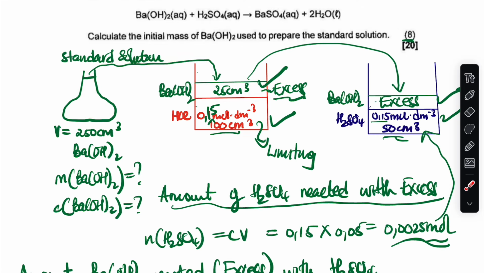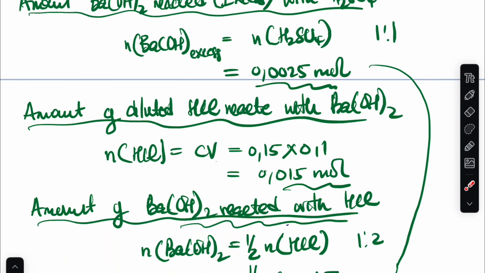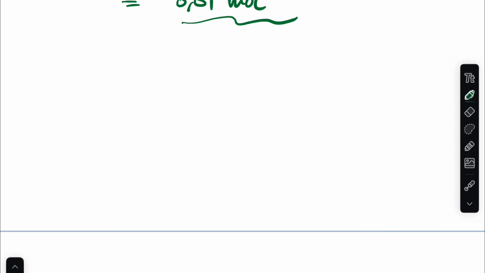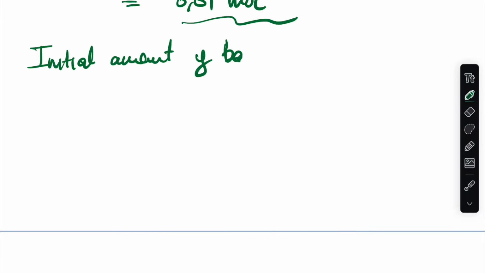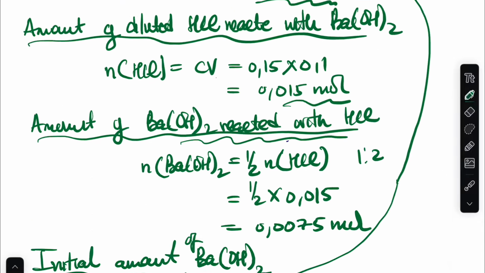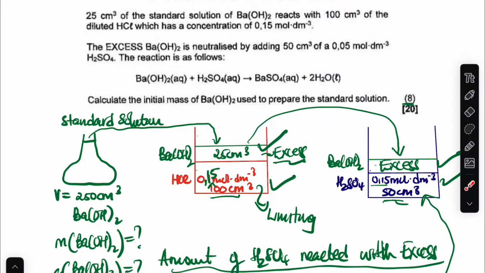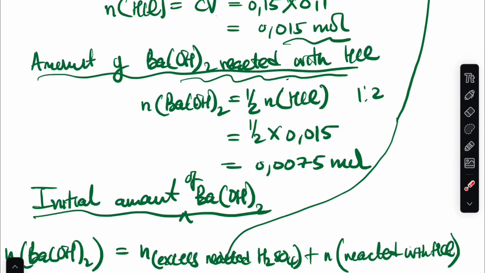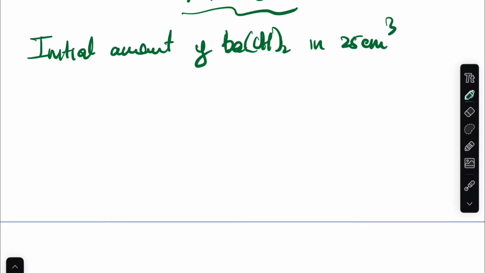This is quite lengthy. I will say the initial amount again of barium hydroxide in 25 cubic centimeter, so that we can get the concentration, because what was taken here was 25. We want to know its concentration.